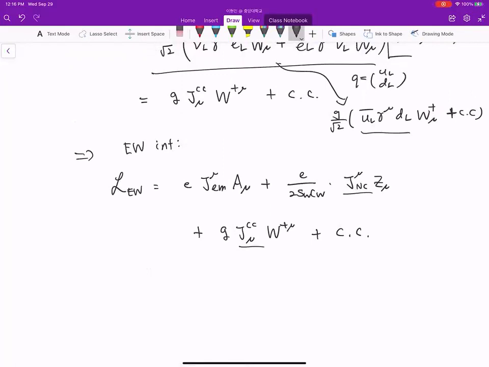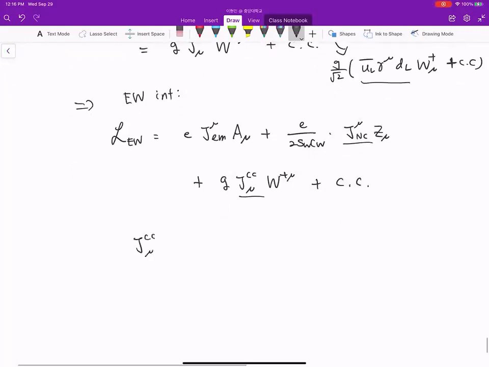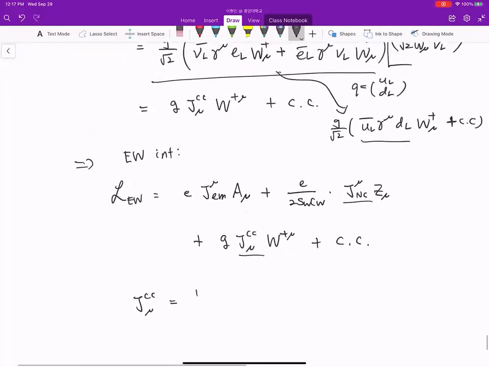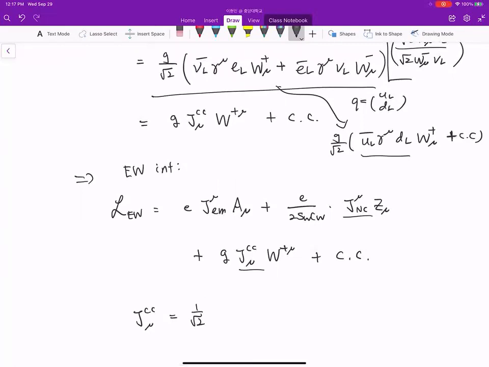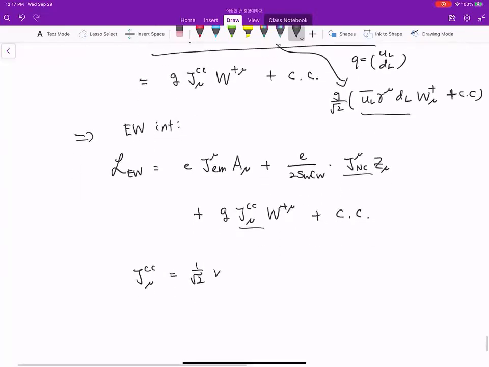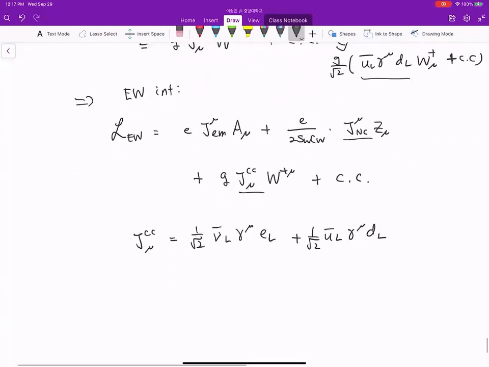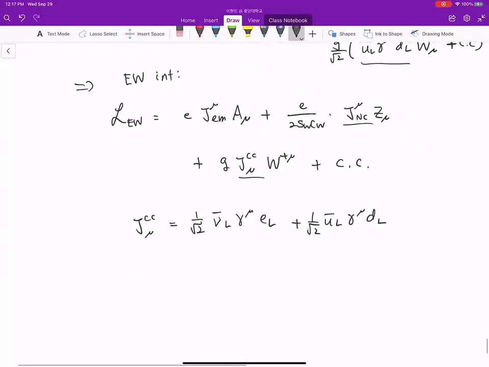For the charged current, as you can see, this is a charged current interaction, and here there's some projection operator, right? P_L.